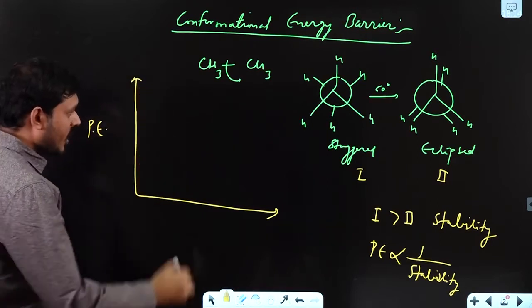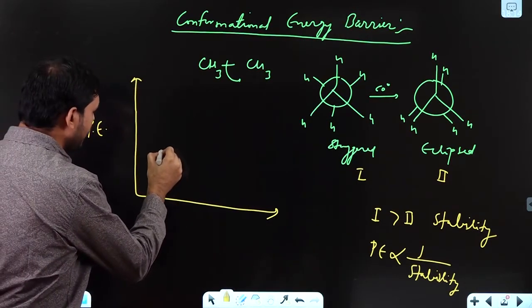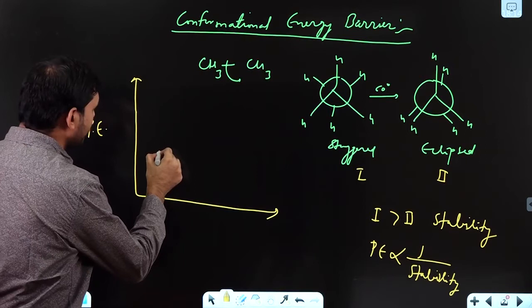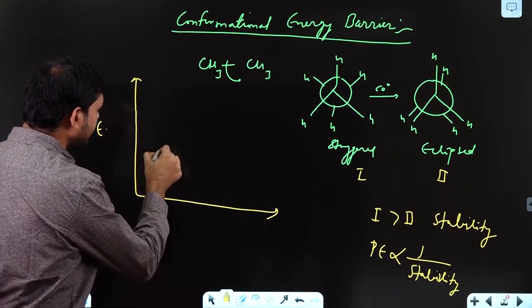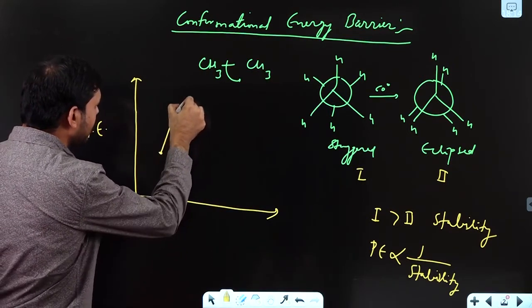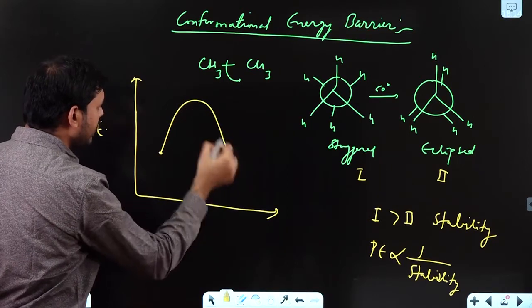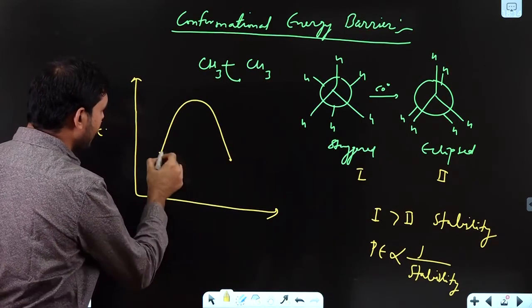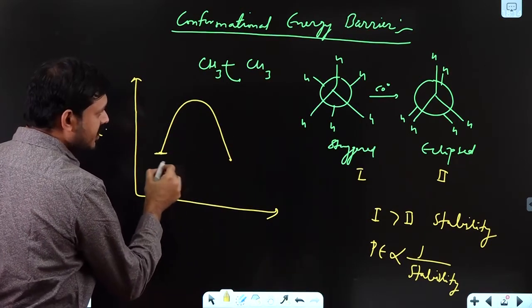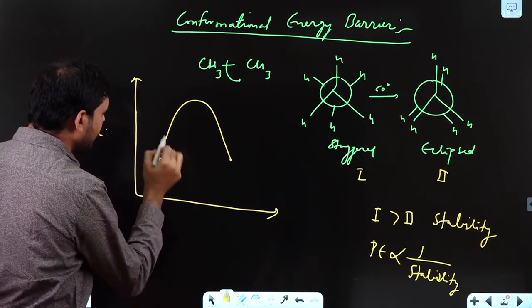Okay, so suppose this is your staggered form. Now this energy is supplied. Again, this is your structure number 1, staggered form.